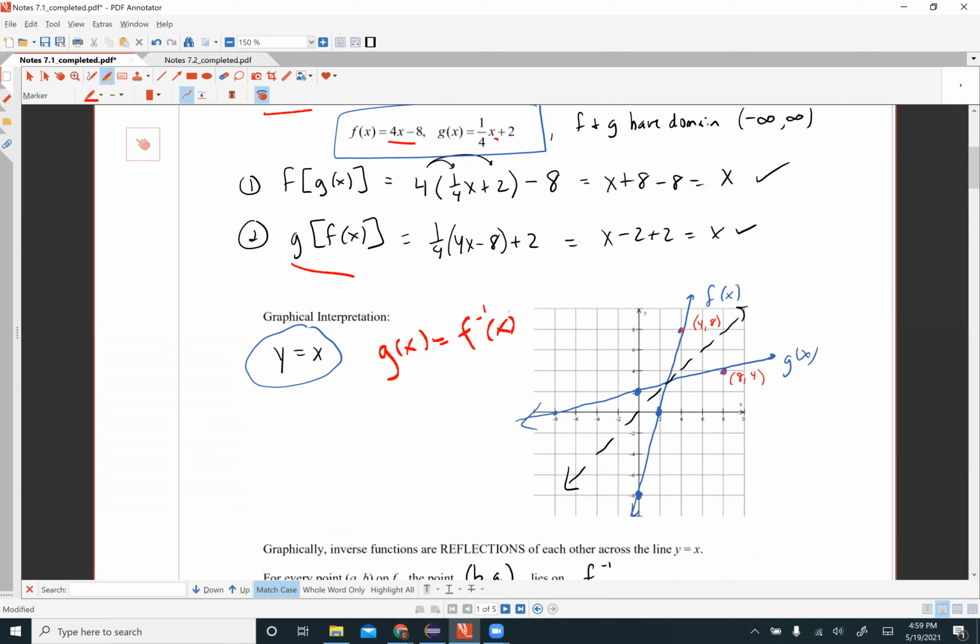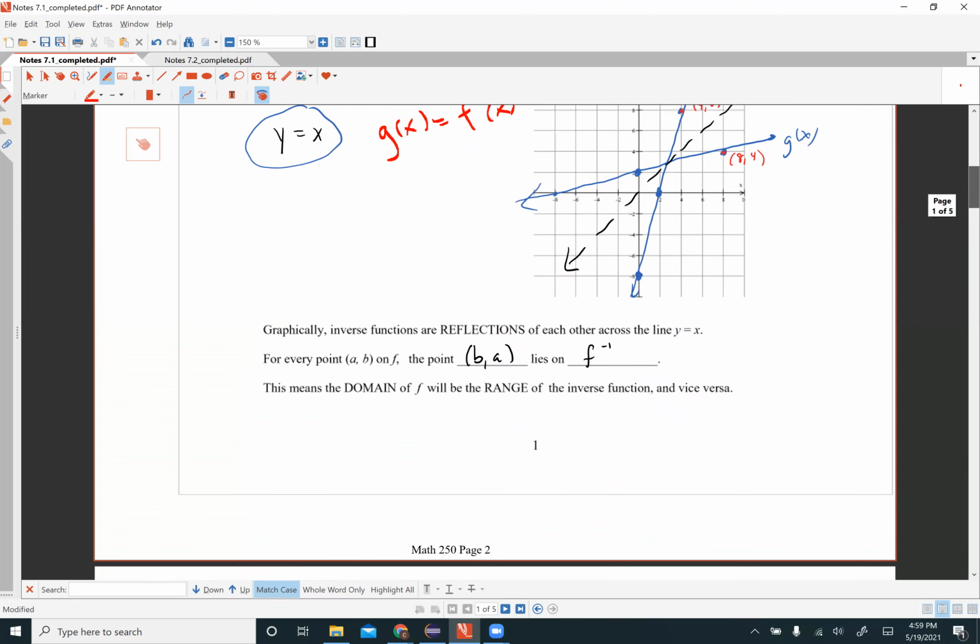We're just exchanging the x and y coordinates. So if f goes to the point 4, 8, we go over 4 units to the right and up 8 units, the inverse function will go over 8 units to the right and up 4 units. So the graphs of inverse functions are symmetric about the line y equals x.